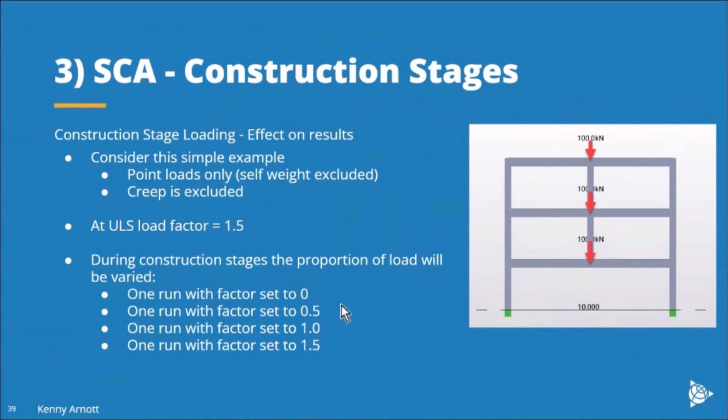Now, what would happen if I did several stage construction analysis runs, the first where I build the model and don't apply any of this load at each stage, and the second where I build the model and apply 50% of the load, 100%, and then go up to 150% to replicate a sort of ultimate limit state loading level.